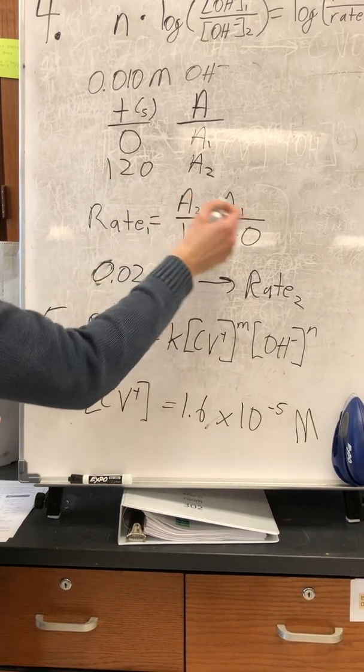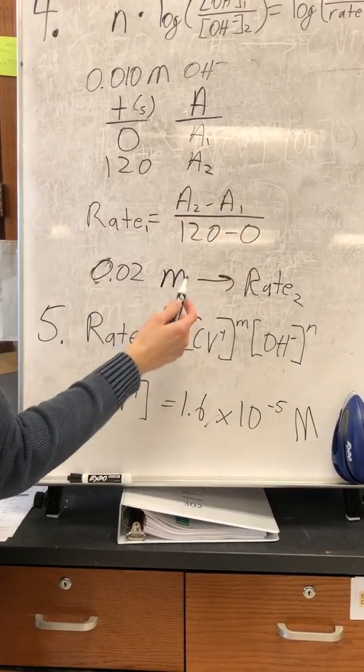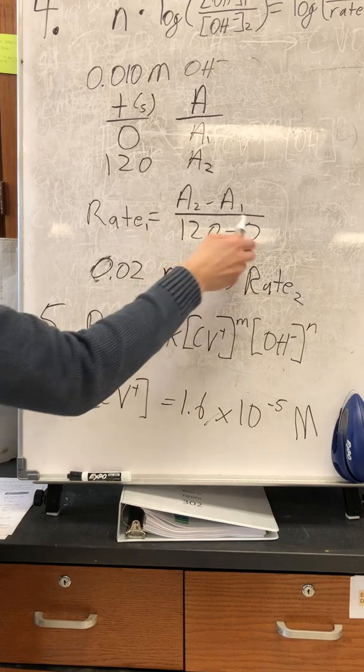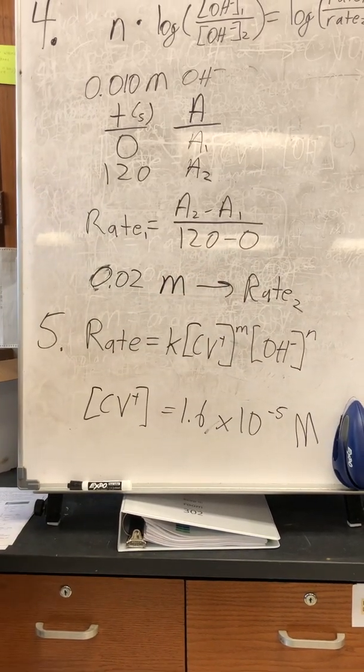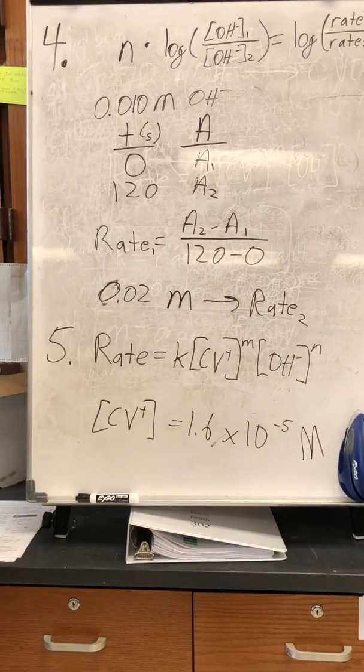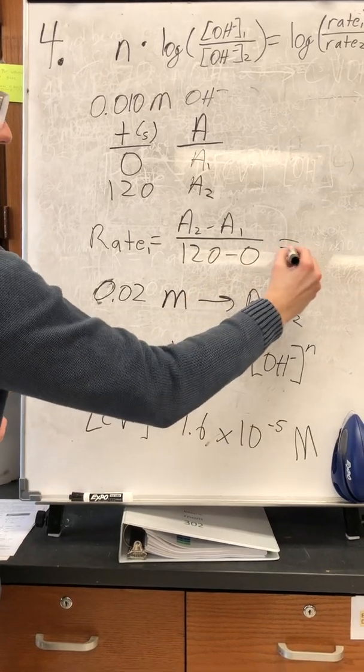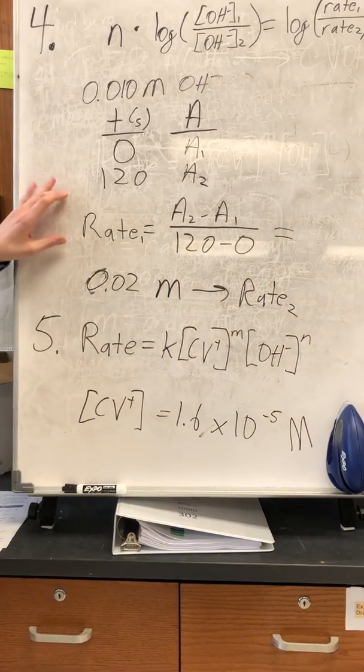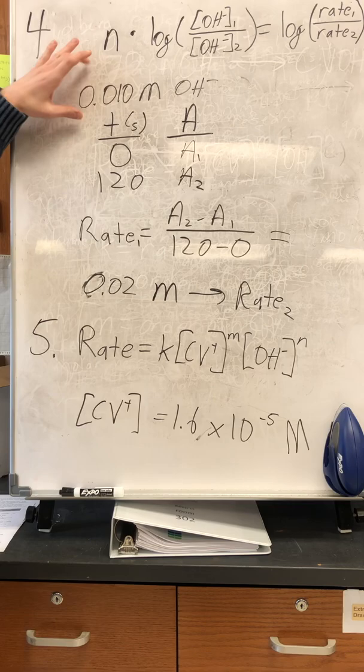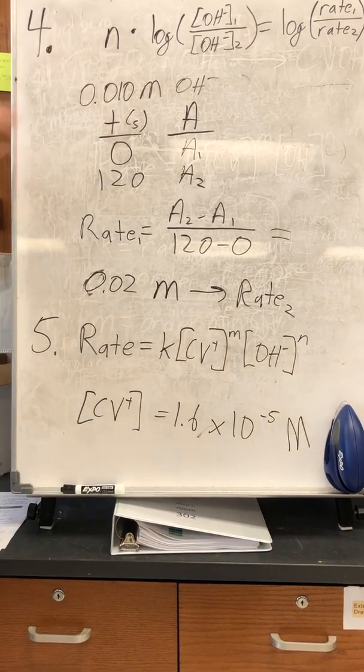So you just plug your two values in there, and then you'll divide it by 120 seconds minus 0, since that's our change in time. And then you'll get some value here, and that is your rate 1. So that's your rate when the concentration is 0.01 molar for hydroxide.